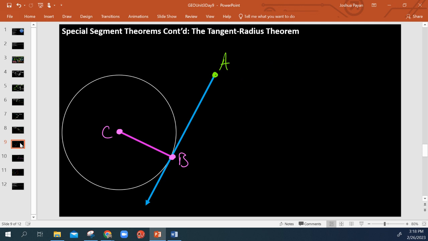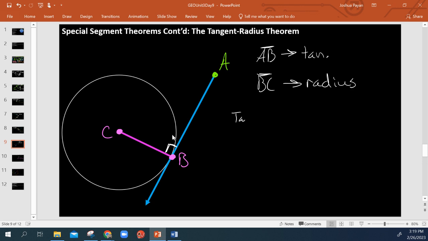Now you see why in the previous video I kept drawing a radius before I would try to draw the tangent segment. There's a few things that go to this, but the coolest thing about this theorem is that AB is tangent, obviously, and BC is a radius. They will always be perpendicular.